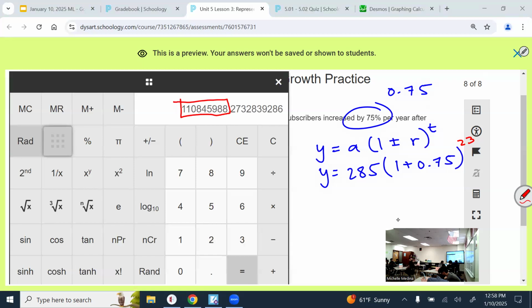Even if we're supposed to round up based on the decimal, don't, because the data doesn't support another full person. So we're just going to type in 110,845,988. That's how many. See if that's correct.